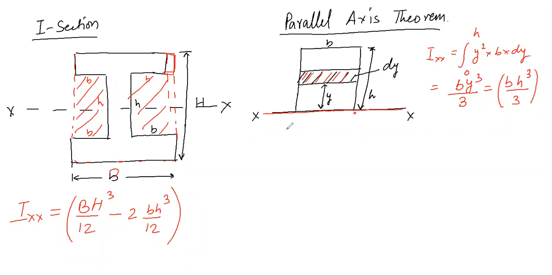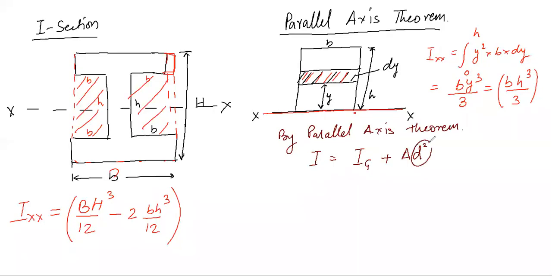What this equation says, if I'm going to find this with the help of the parallel axis theorem, we can say that by the parallel axis theorem, I is equal to I, that is the moment of inertia about its center, plus area into d square. How is this going to be utilized? D square means the distance measured from its center.